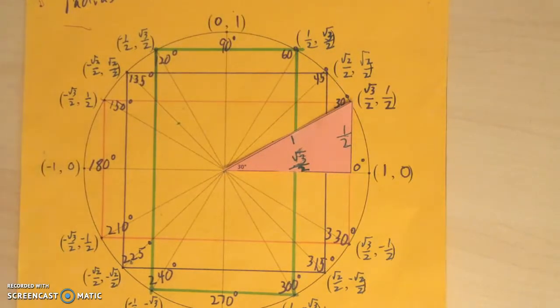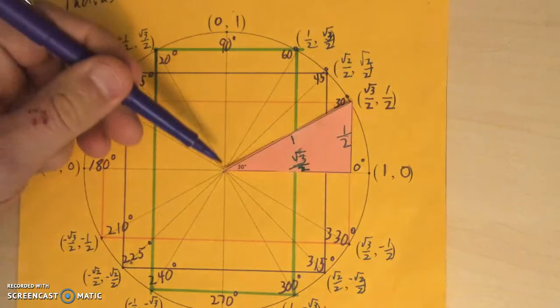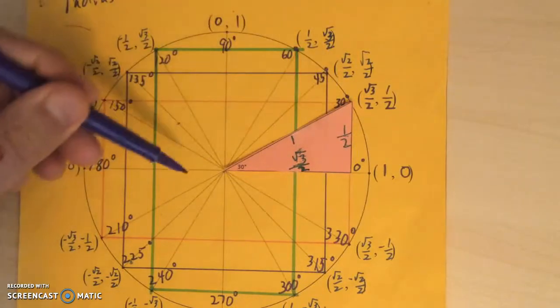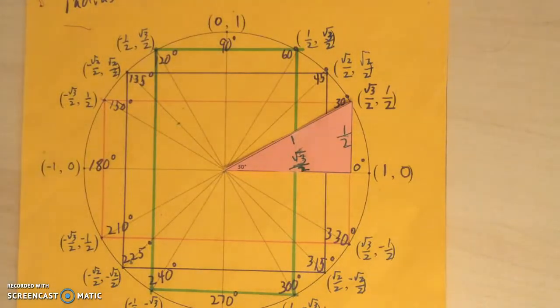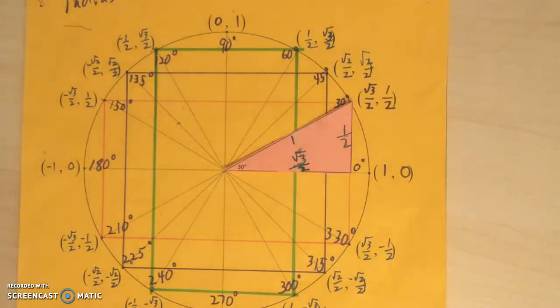Well, we don't have either one of those values, but if you remember, we used the Pythagorean theorem to figure those values out. And remember, on the unit circle, we have that convenience that the radius is always 1. The radius is always 1. Now here, the radius is going to be the hypotenuse of the right triangle.